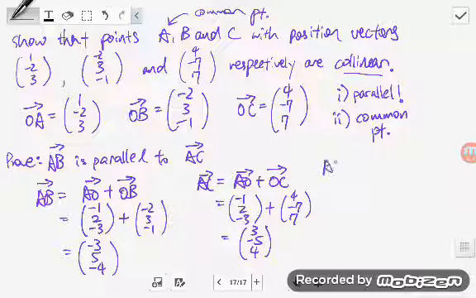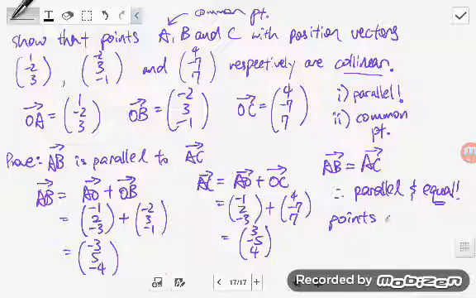And it turns out my vector AB is not only parallel, it is actually equal to my vector AC. Therefore, they are parallel and equal, which means points A, B, and C are collinear.